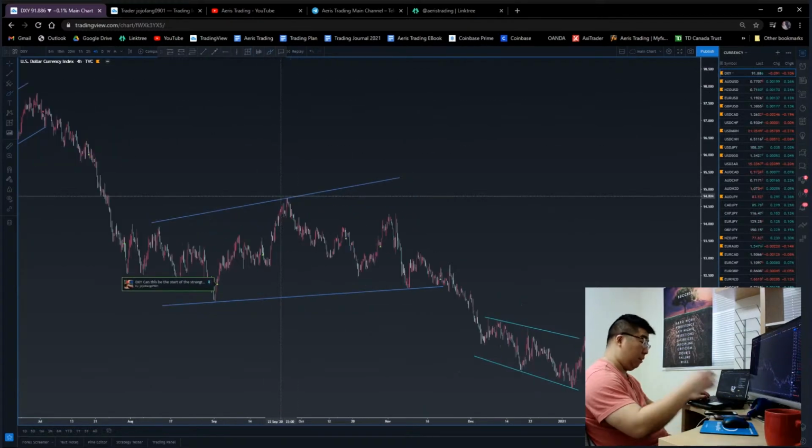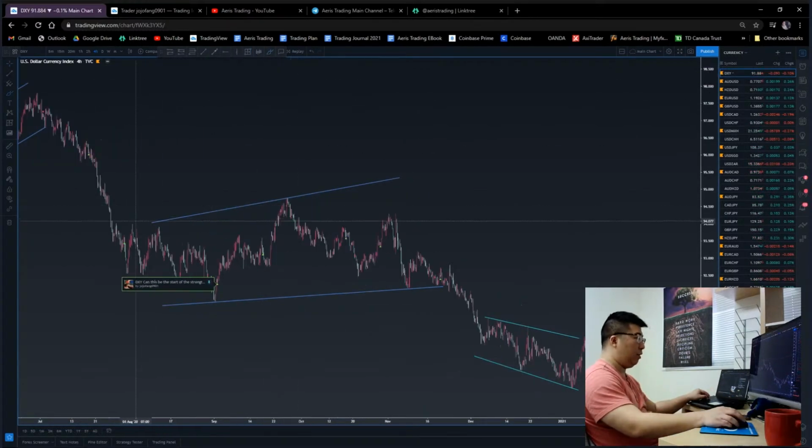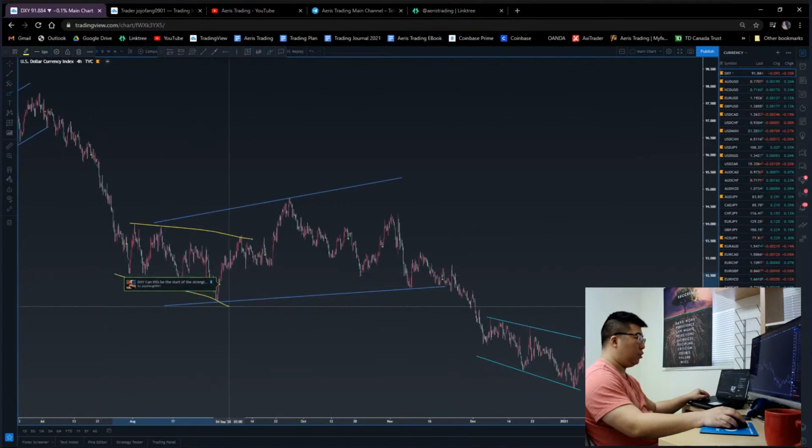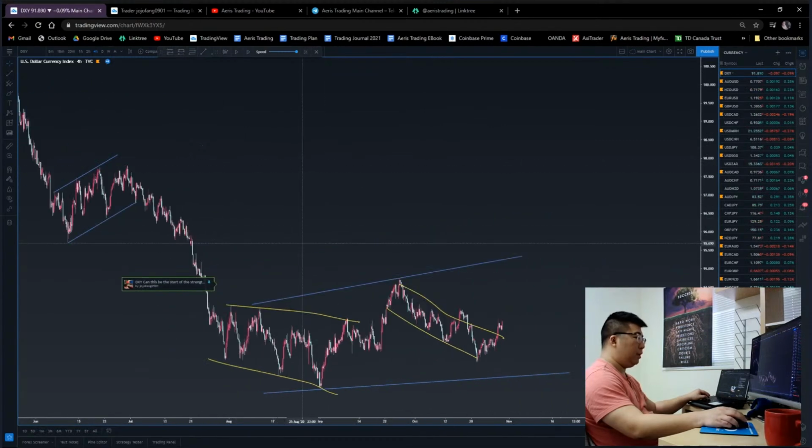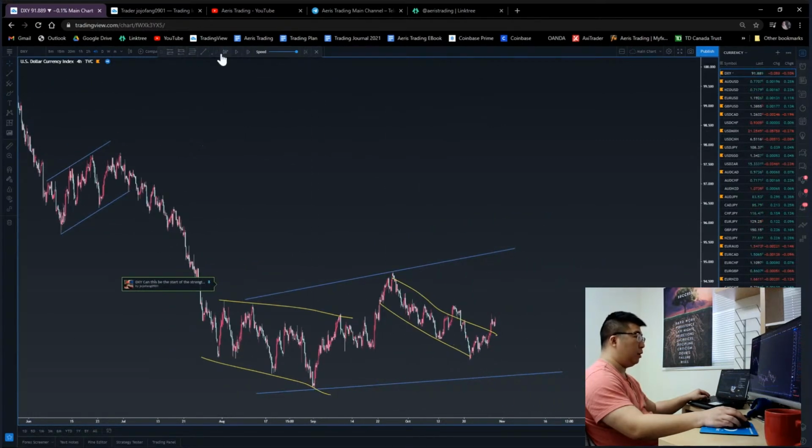Someone in my Telegram group pointed this out, and I thought it was very valid. Originally, we're looking at the structure like this. Forget about all this previous price action. If we look at what the price has been in this part, it's pretty similar to what we're seeing now. When he drew this out, his point was that this may not break above the high and could continue lower, like our current price.